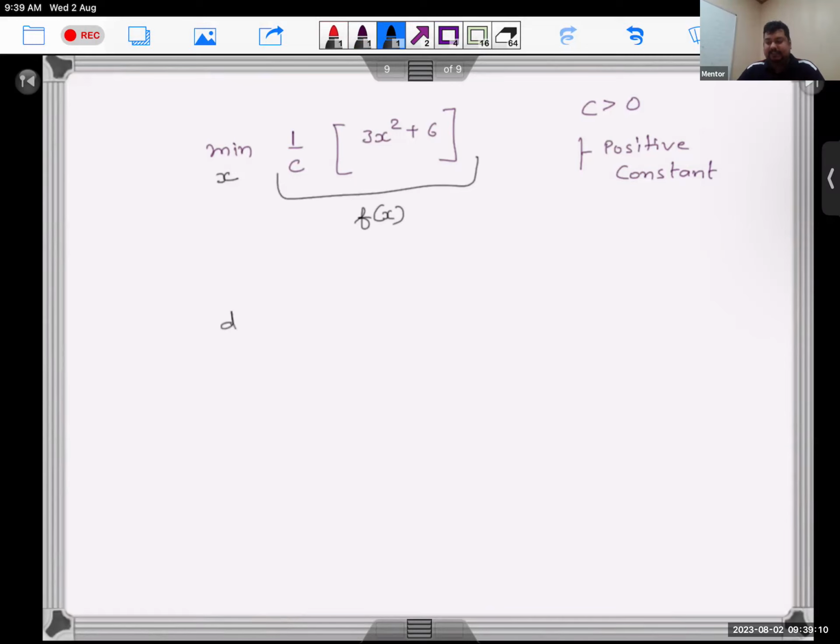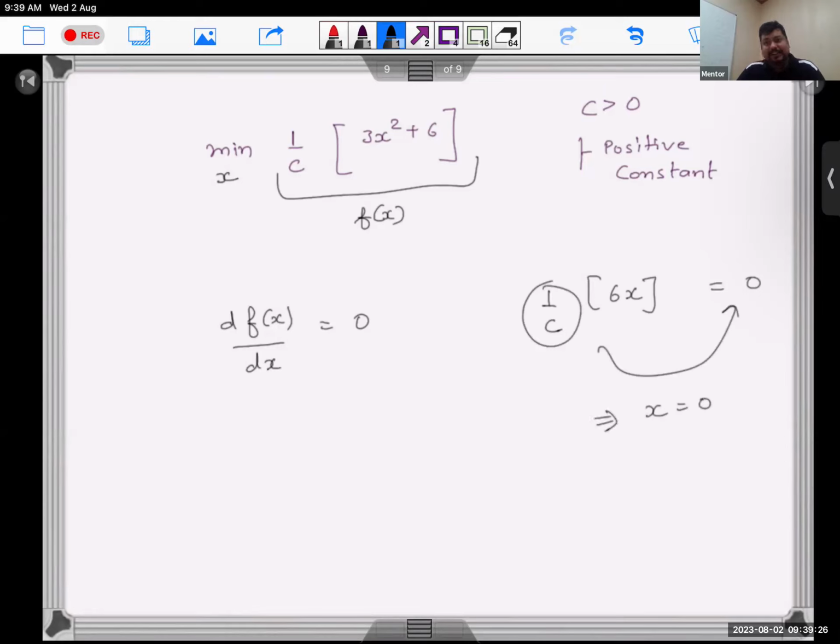Revise. Derivative of f(x) with respect to x, and you equate it to 0. If you do the derivative, 1 by c is going to come out, right? And this will still be 6x and you will equate it to 0. 1 by c will go to the other side and x is still 0. Did the root change? No.